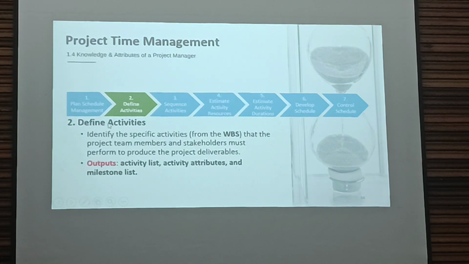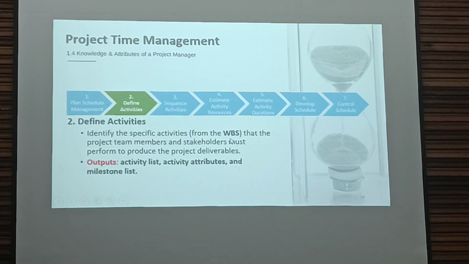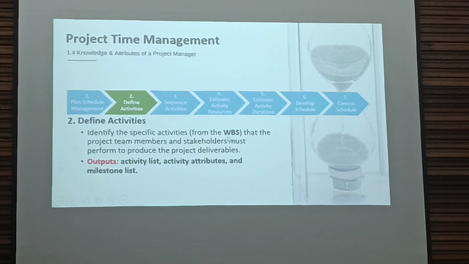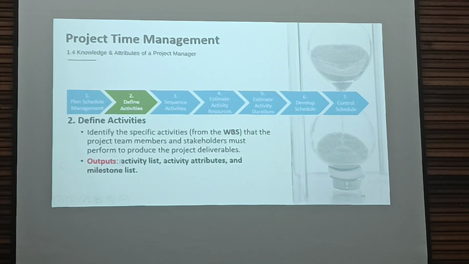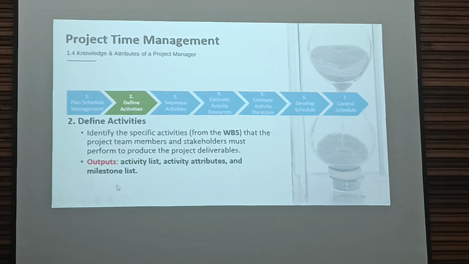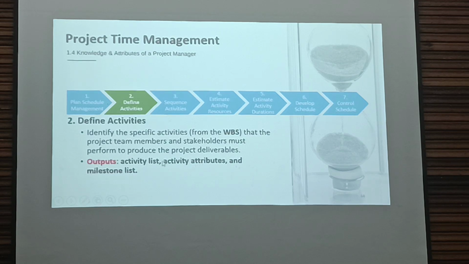Define activities means identifying specific activities from the work breakdown structure. So use the work breakdown structure to define activities. The outputs are the activity list, activity attributes, and milestone list.